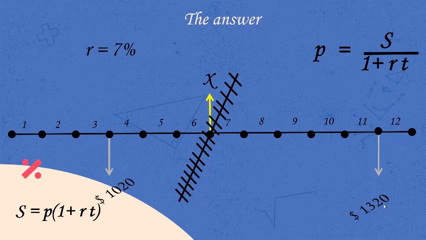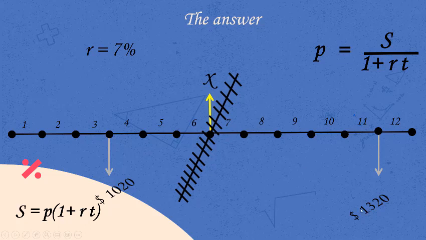To solve this problem, we must get the new dates that we will substitute in the formula for the amount and for the present value. The time for the first payment is the distance between the maturity date of 1020 and the focal date, which is equal to 3 months.